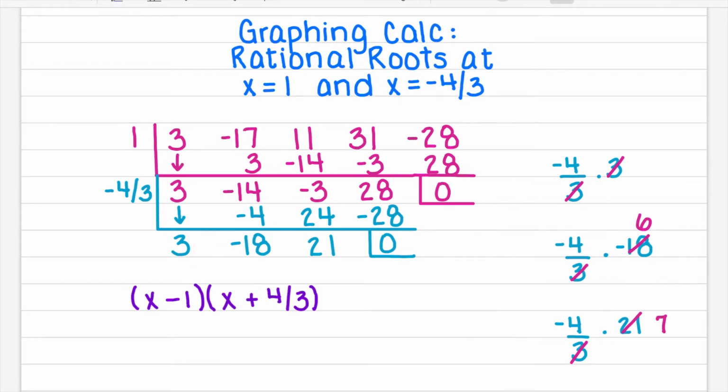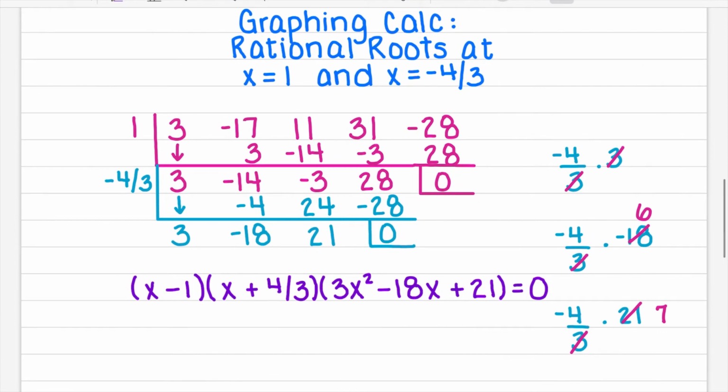Okay, so I'm going to write that. So it's 3x squared minus 18x plus 21 is equal to 0. Okay, so this is equivalent now to the original.